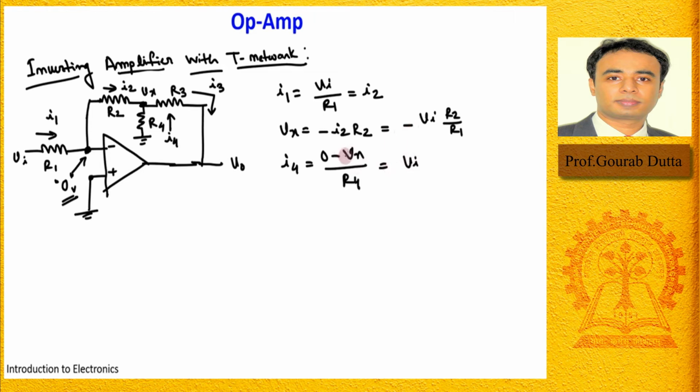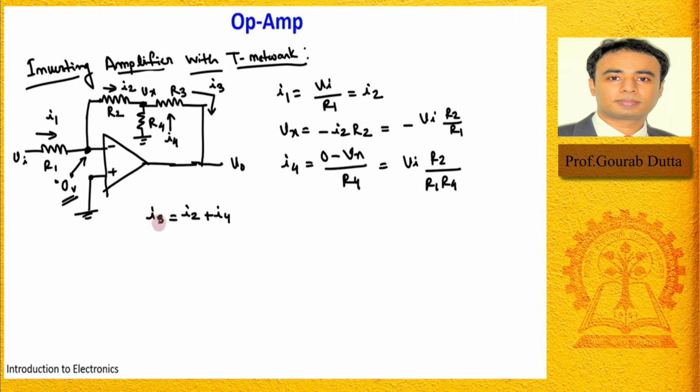No, because the minus is gone. So it is Vi into R2 by R1 R4, right? So this is the value of this I4, right? Now what is then I3? I3 is nothing but I2 plus I4. I3 is equal to I2 plus I4, right?